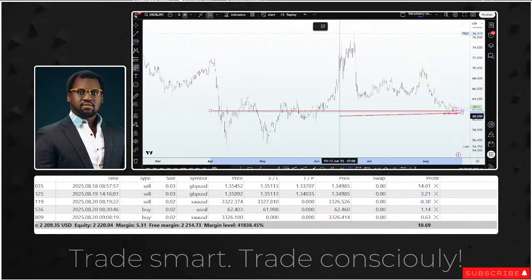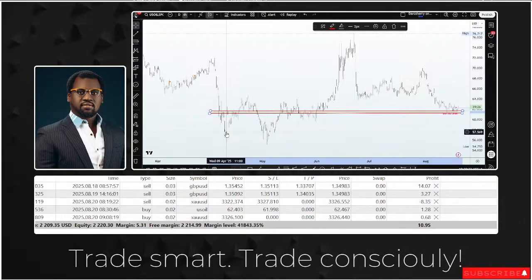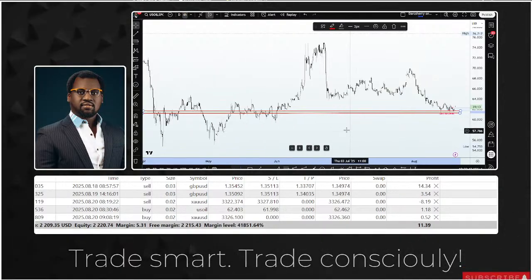And I went on to mention how this level had played a significant role in determining the direction of price action in the last 4 to 5 months, from April to be precise. This level had served as both resistance and support at some point in time.